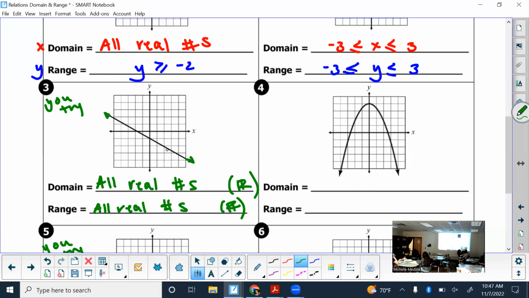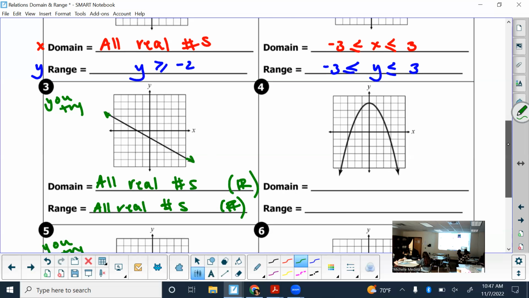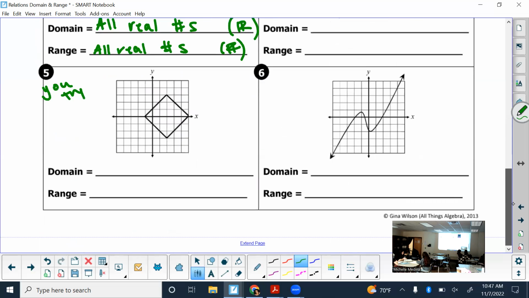All right, it's only when there's boundaries that you use inequality symbols. So like in number 5, do I have any boundaries on the x-axis? Or does this graph go infinitely left and right? How many boundaries are there? 2. At what numbers?